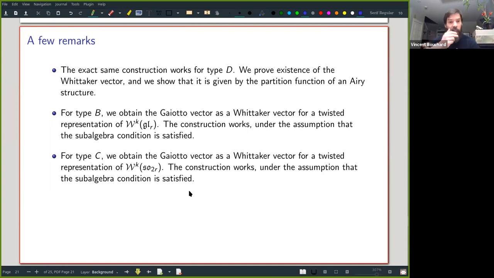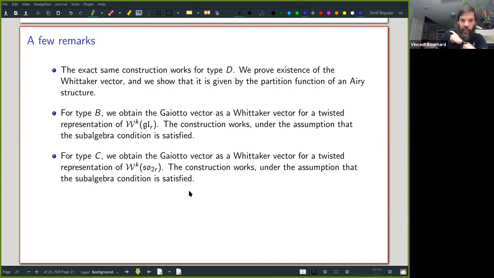For type B, the Gaiotto vector is a Whittaker vector, but it's not a Whittaker vector for the W algebra of B type, because the theorem of Braverman-Finkelberg-Nakajima is only for simply laced algebras, but it is expected from physics that the Gaiotto vector will be a Whittaker vector, but for a twisted module representation of A type.